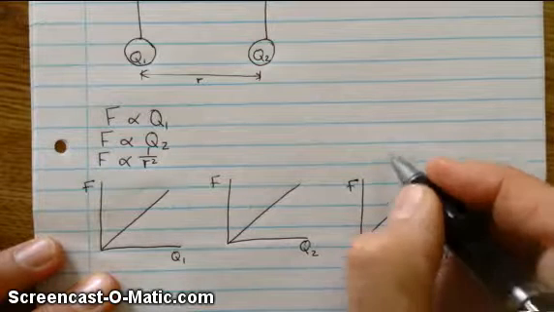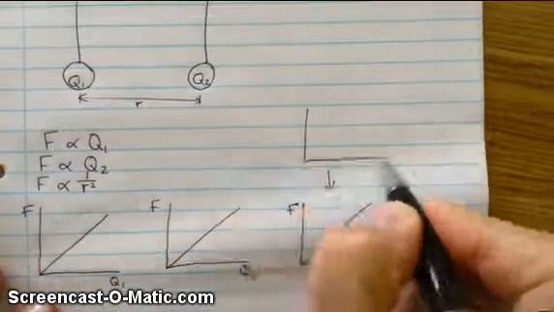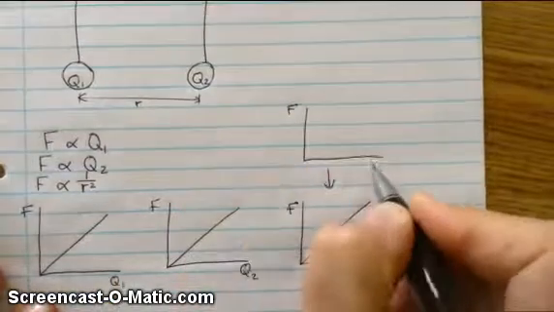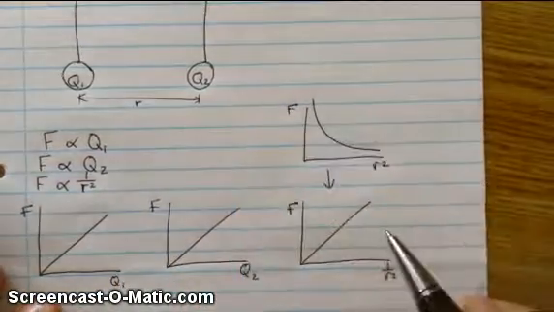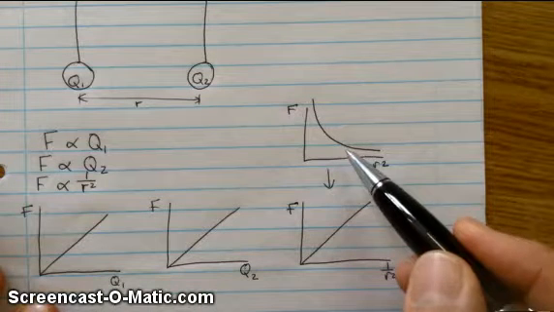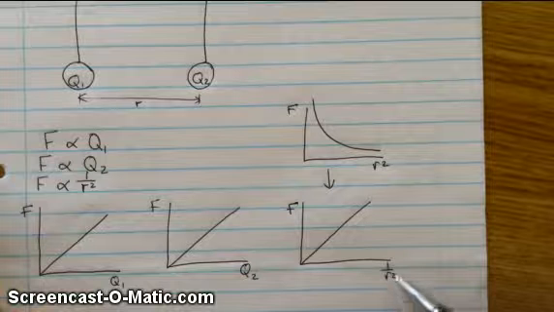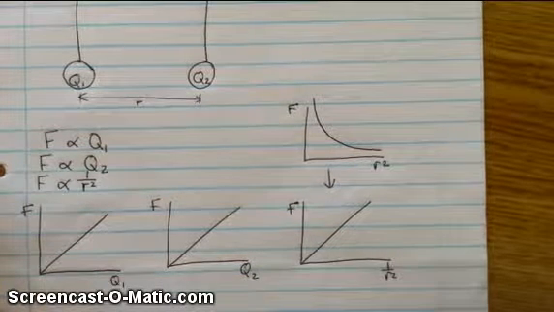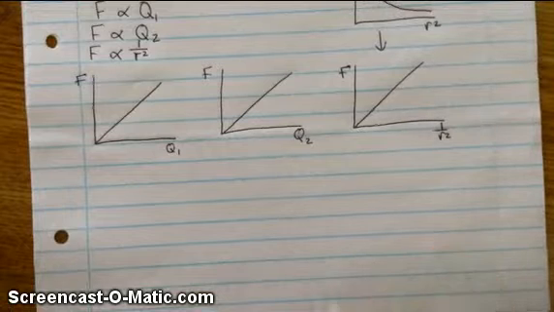That, of course, comes from the fact that if you had drawn a graph of force versus r squared, it would have been a hyperbola, because it is an inverse proportionality. So we confirm inverse proportionality by taking the reciprocal of one of the variables, and then you need to get a straight line. All of these graphs can now be combined in one.